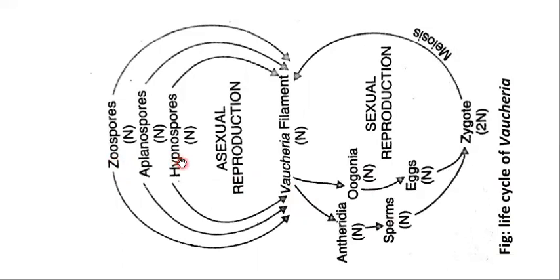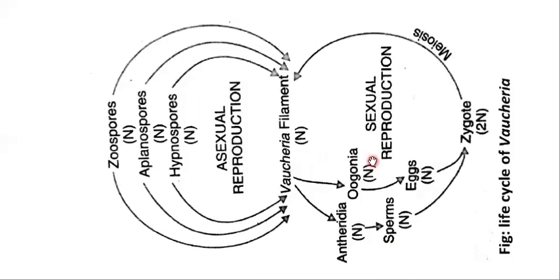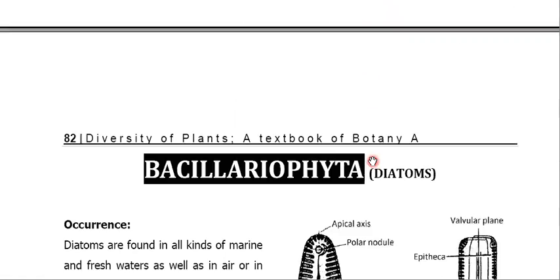When these haploid spores germinate, they produce the thallus, and in sexual reproduction, the antheridia and oogonia are produced, and both are 1N. However, when both combine to produce the zygote, which is 2N, then meiosis occurs and produces the new cells or the new thallus.